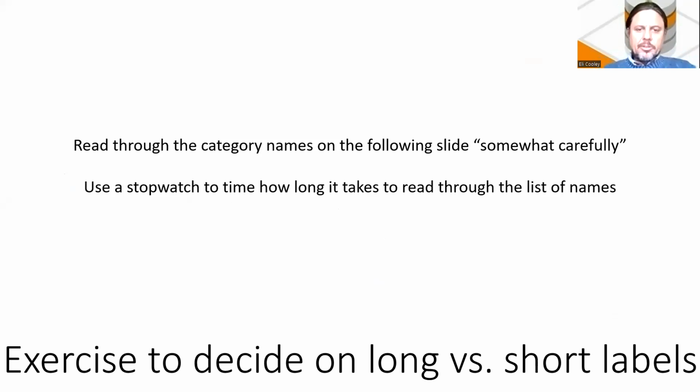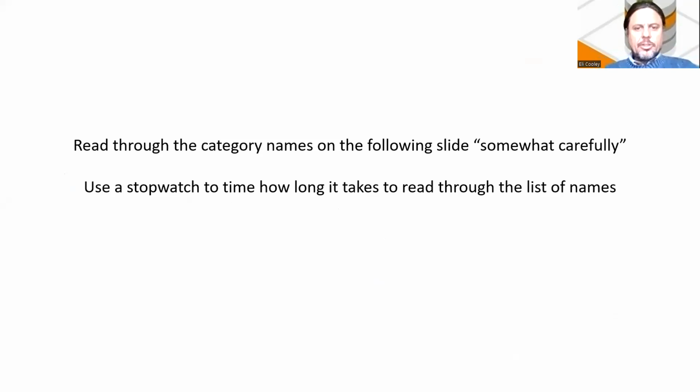We'll read through two lists of category names carefully and use a stopwatch to time how long it takes, or just count one one-thousand, two one-thousand. So here is the first list, and we'll see how long it takes.